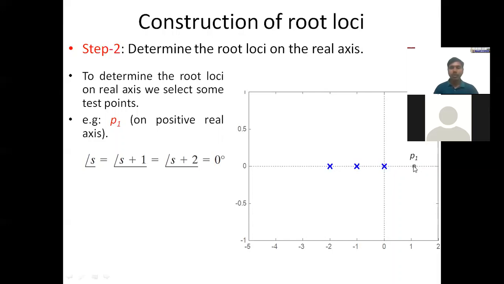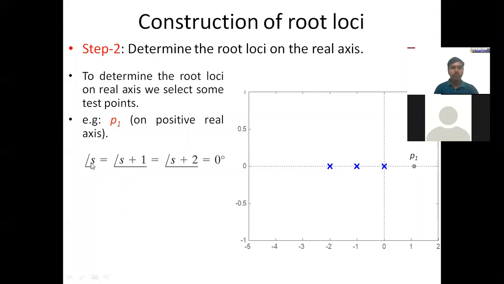Suppose you take the test point at the rightmost side of all the poles. Then the angle of s is equal to 0, because the test point is lying on the real axis, therefore the imaginary part is equal to 0.